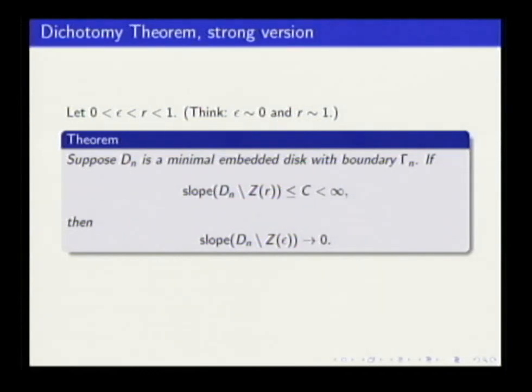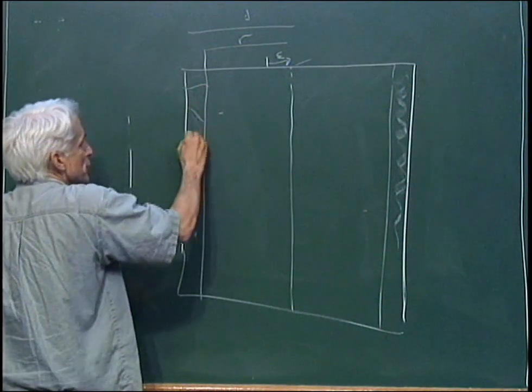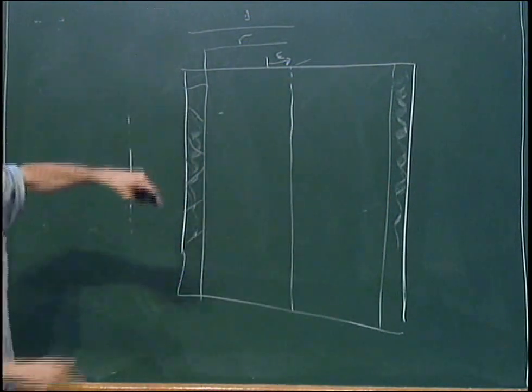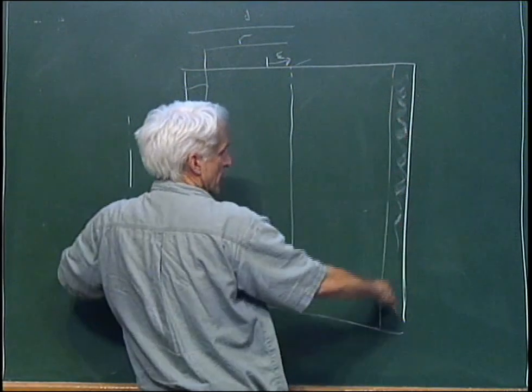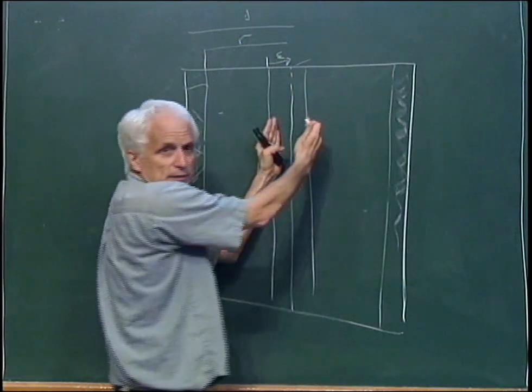We want to let n go to infinity. Then the theorem says, when you're very near the outer boundary of the cylinder, if the slope is bounded out there, so C can be huge, in this region very near the outside of the cylinder, if you just have any bound on the slope there, then if you have a little bit of control out at the boundary, you have extremely good control all the way until epsilon.